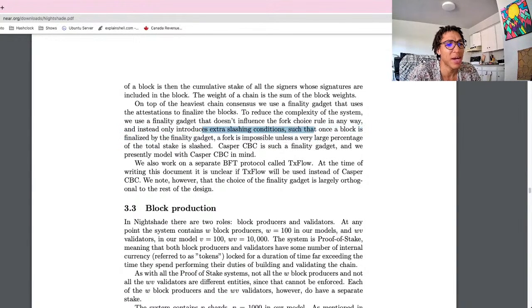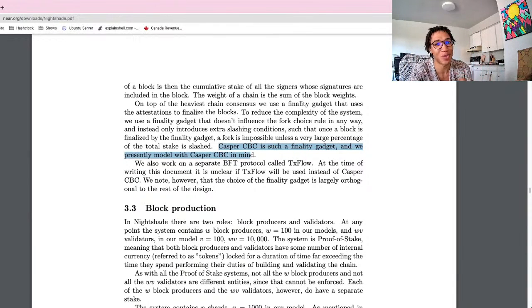Such that once a block is finalized by the finality gadget, a fork is impossible unless a very large percentage of the total stake is slashed. Okay. Casper CBC is such a finality gadget. And we present the model with Casper CBC in mind.